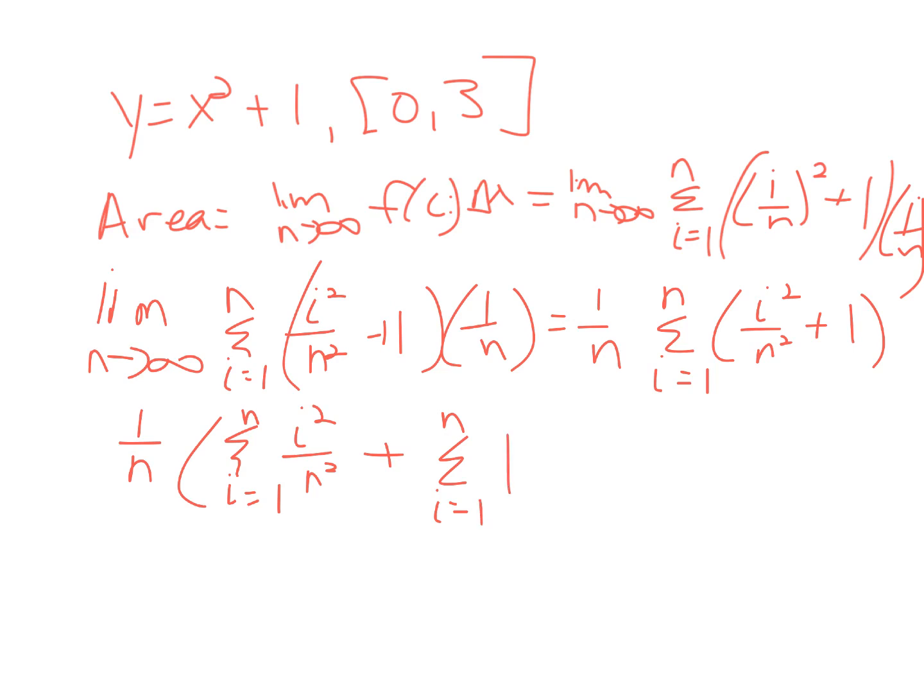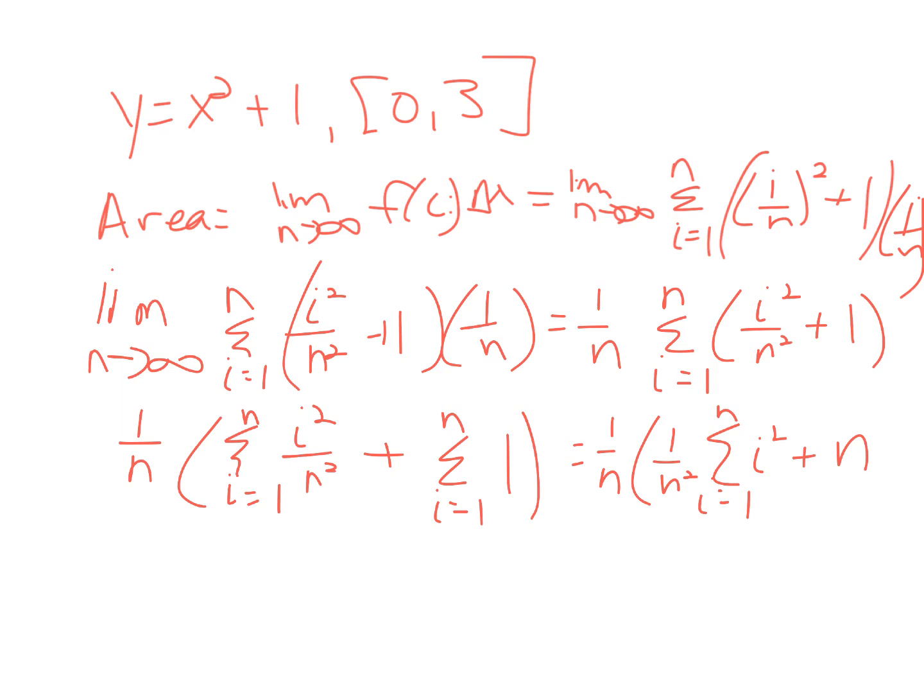And we know right away that the sum of 1 will be n, but we can also take out 1 over n squared, and when we took 1 over n squared out, we were left with i squared plus, and we know that it's going to be n.